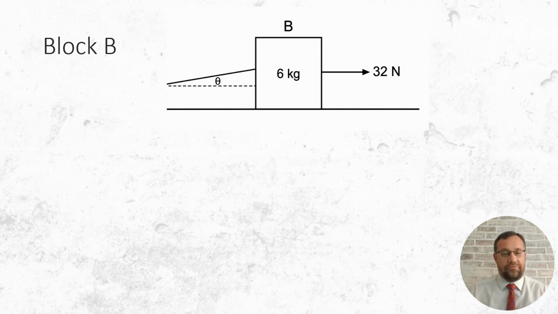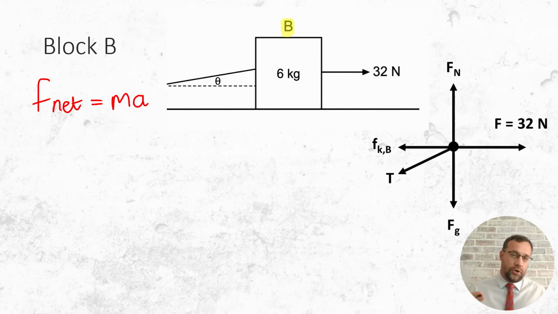Now let's shift our focus to block B. Once again, we know that according to Newton's second law, F net equals ma. We have already drawn a free body diagram of block B, so this makes life much easier. So let's look at our components.